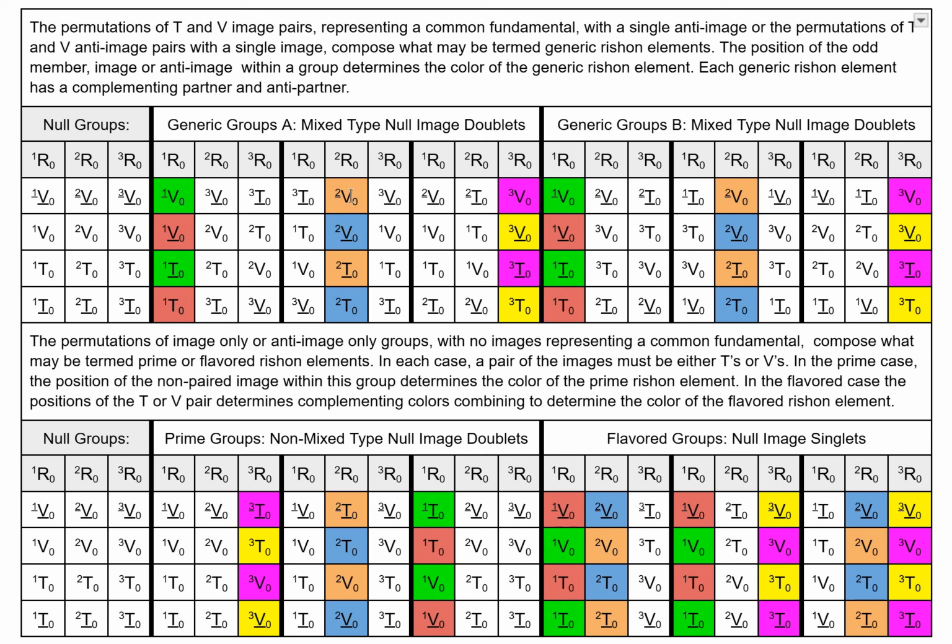And here we have the position in the middle, and in this case we have orange and blue as the colors determined by that middle position. And then over here we have to the left these image and anti-image singlets, determining the colors purple and yellow.